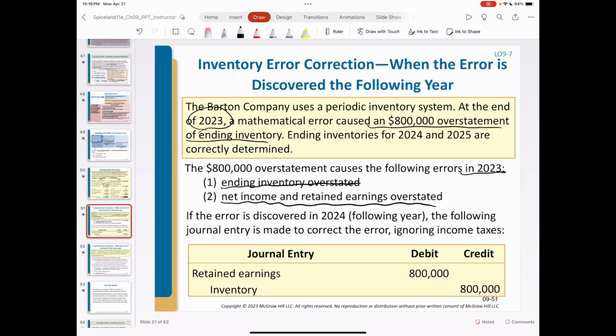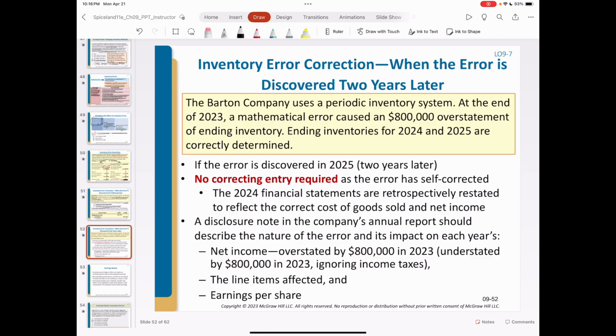Then net income and retained earnings are both overstated. If the error was discovered in 2024, the following year, we should make a reverse journal entry. We debit retained earnings, which was overstated, and credit inventory, which was overstated, to make this correction.